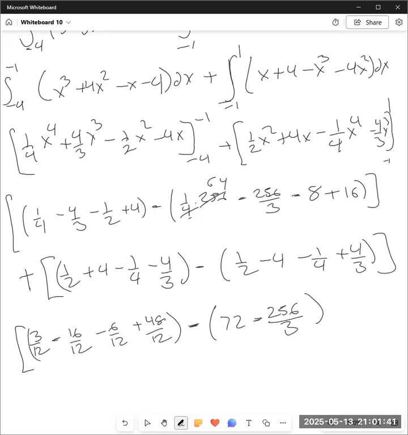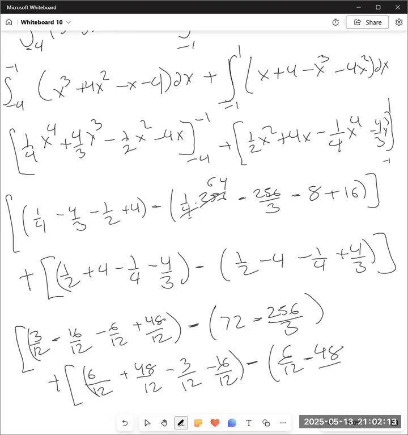And then this is plus common denominator of 12 again, 6/12 plus 48/12 minus 3/12 minus 16/12, minus common denominator of 12, 6/12 minus 48/12 minus 3/12 plus 16/12.